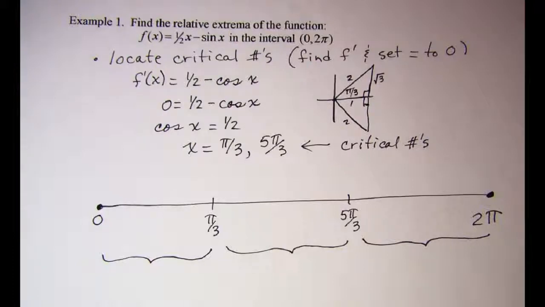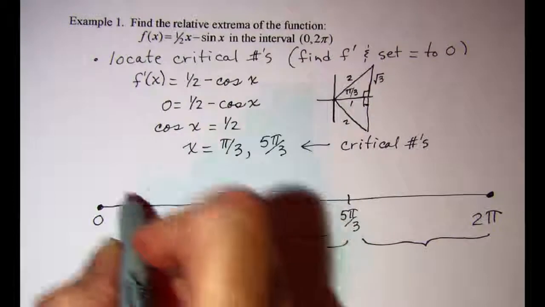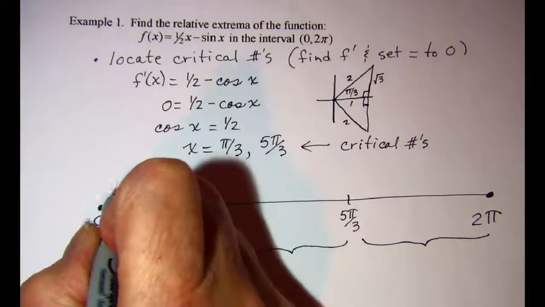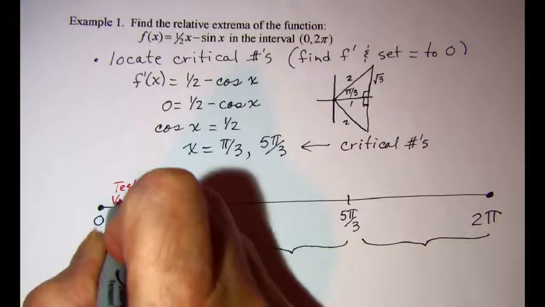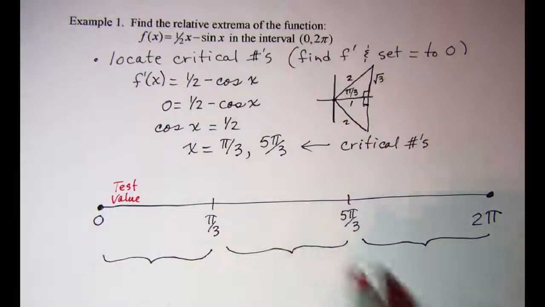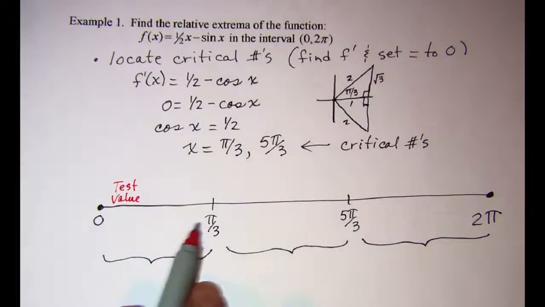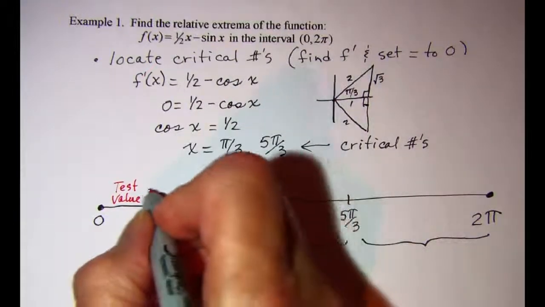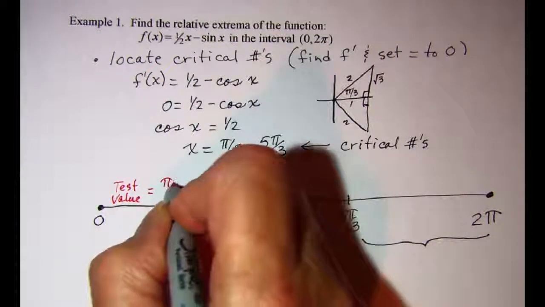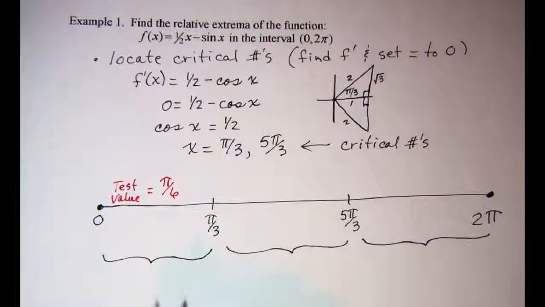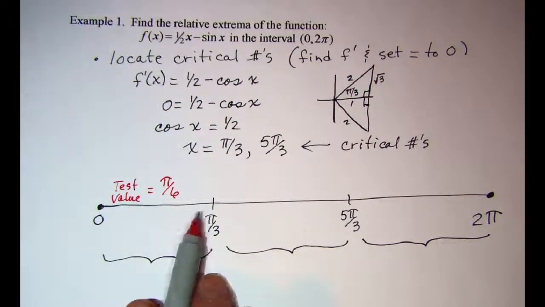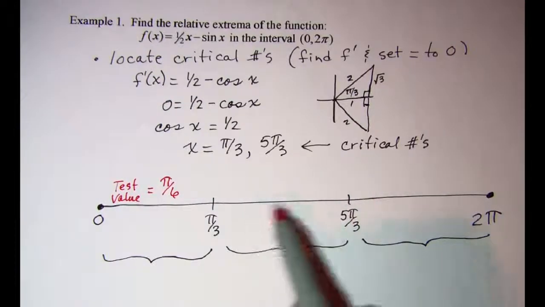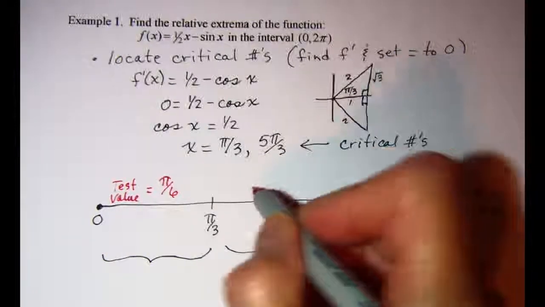Now what I want to do is pick test values. In this interval, we could use pi over 6. You can use any value you wish as long as it's in this interval. In this one, let's use pi.